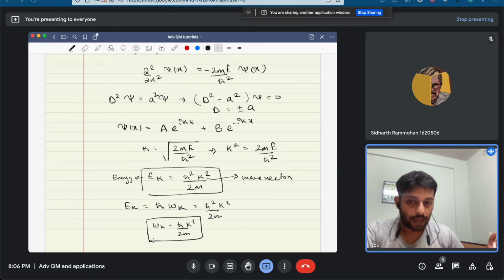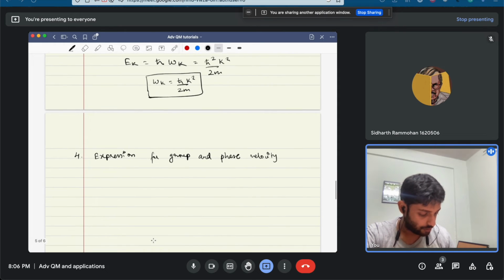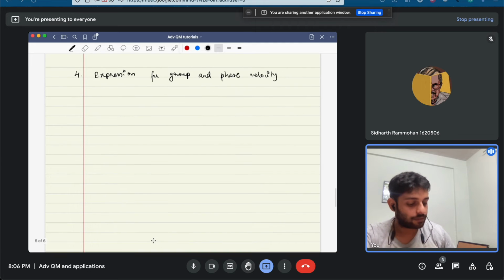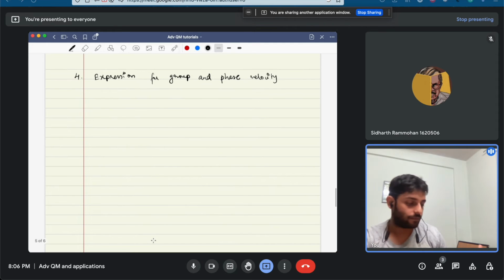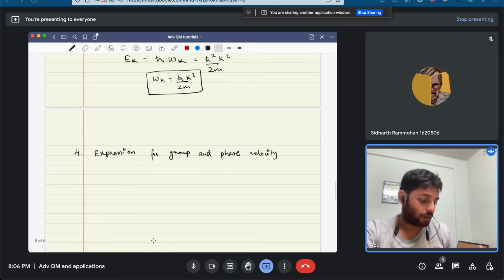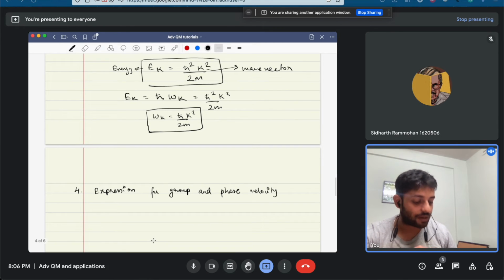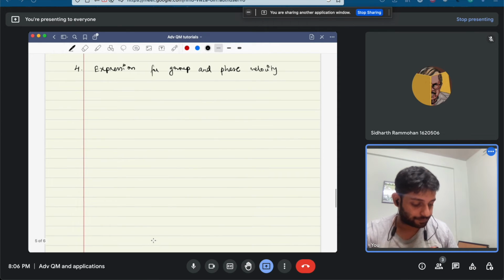Okay, and so based on the dispersion relation, we have the next question, which is finding the expression for group and phase velocity. Okay, so this is not exactly related to the previous one. But we can use this previously derived result as an example for this fourth question.